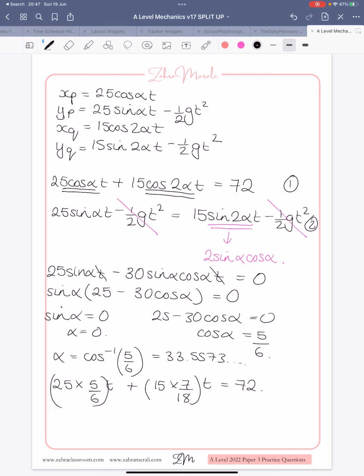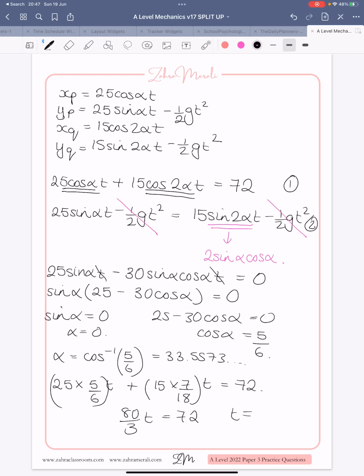When I rearrange that, I end up with 25 times 5 over 6 plus 15 times 7 over 18, which gives me 80 over 3 t equals 72.